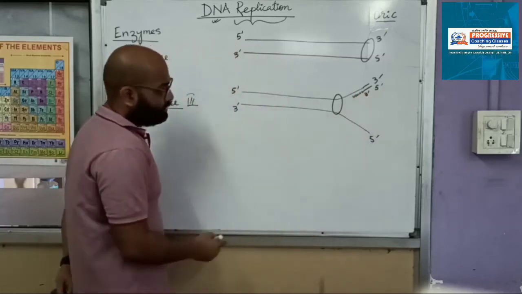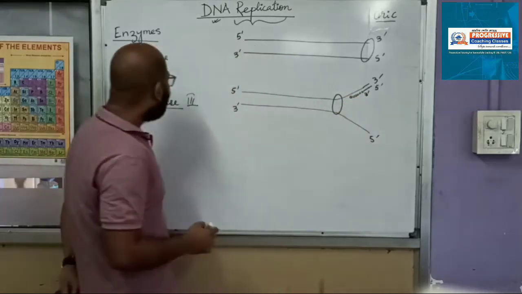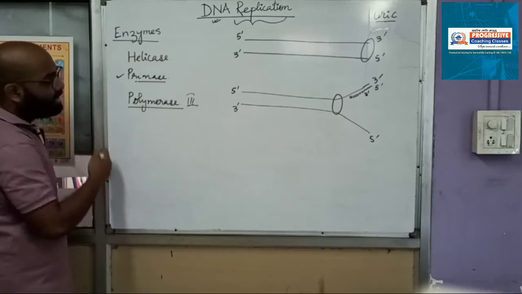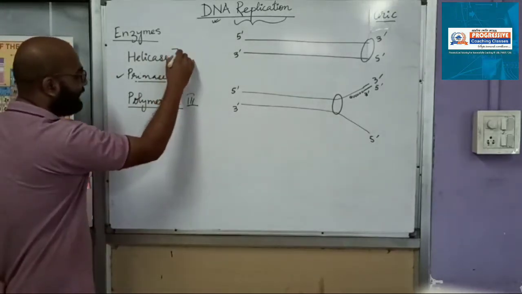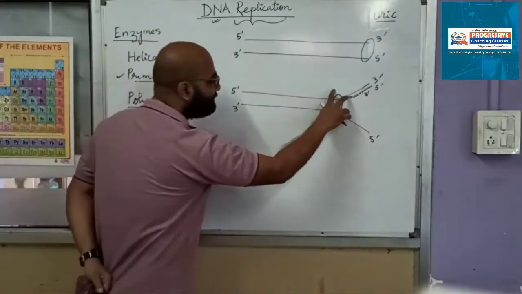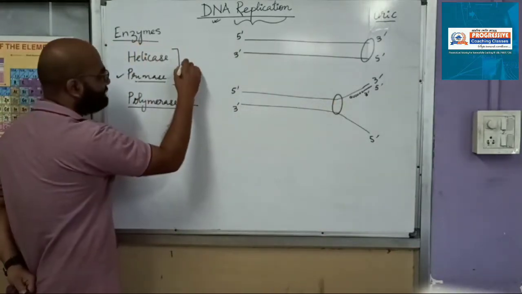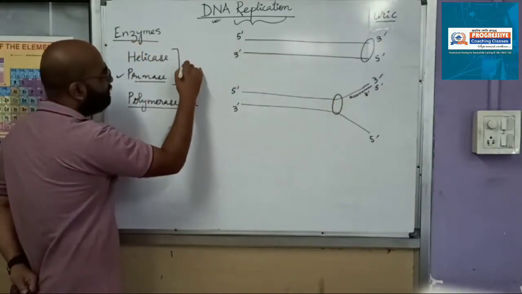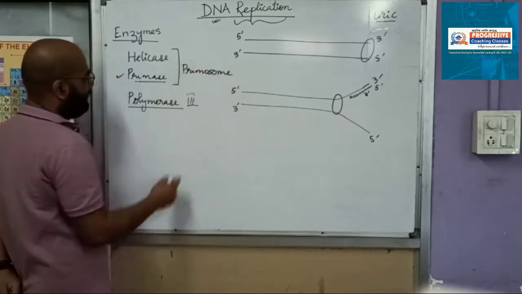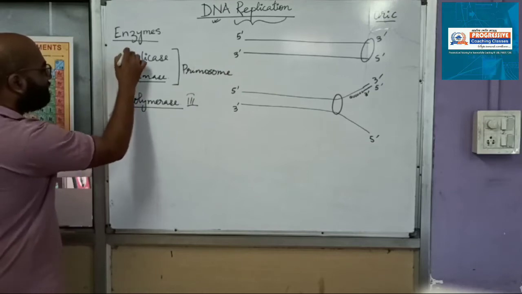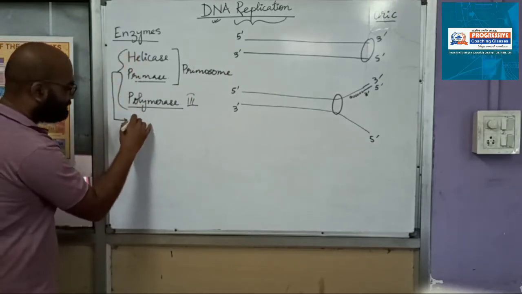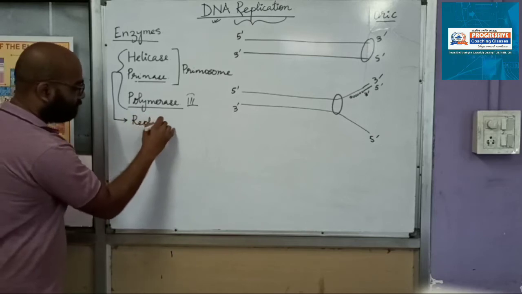Okay? There is another terminology: when these enzymes come one after another, the helicase and primase, when they come to sit for the first instance, we call it the primosome. And when the polymerase enzyme comes into play, these three enzymes together are known as the replisome.